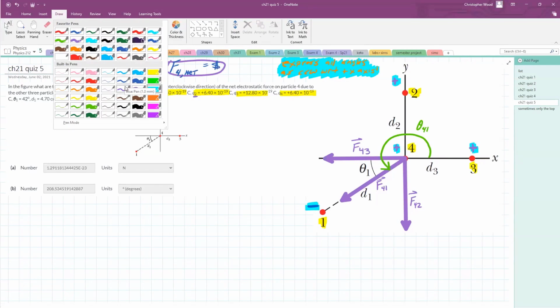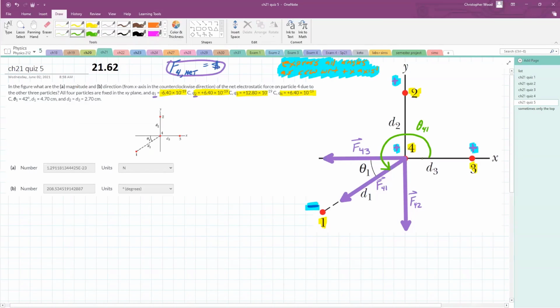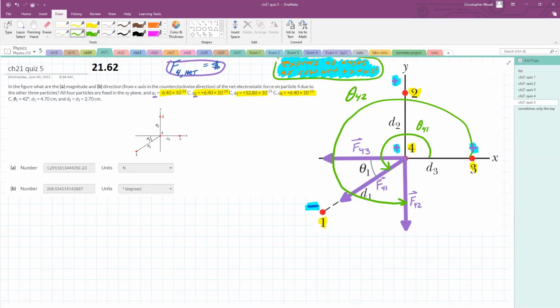Theta 41 is the angle made by F41. Similarly, here's angle theta 42, which is the angle made by F42, going counterclockwise with respect to the positive x-axis. Again, this is the approach we're taking, just brutally, cold-heartedly rational. Theta 43 is right here.